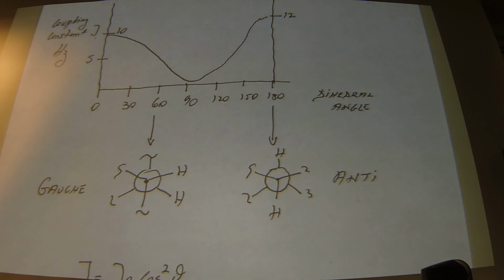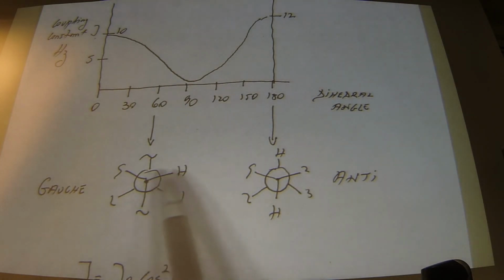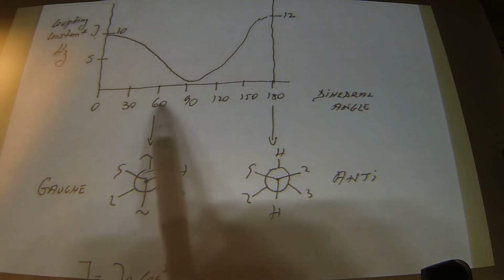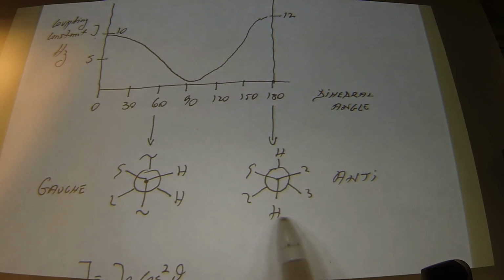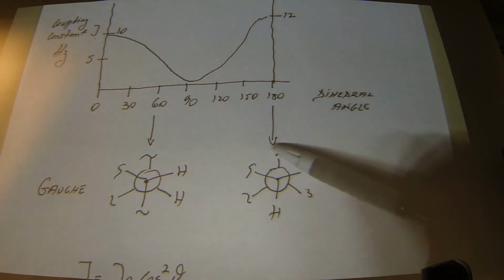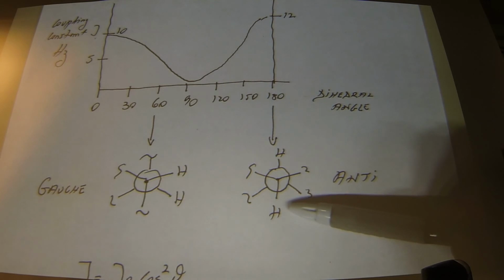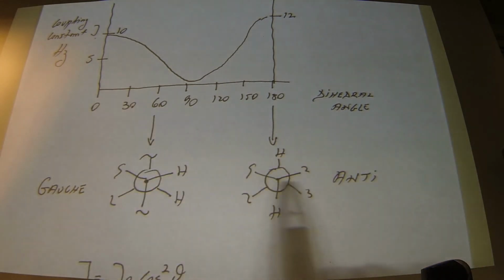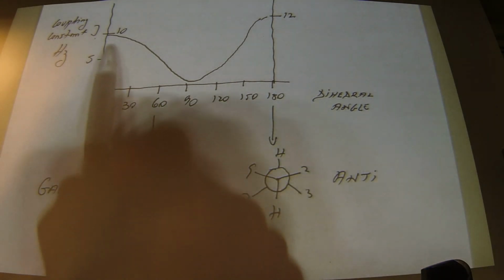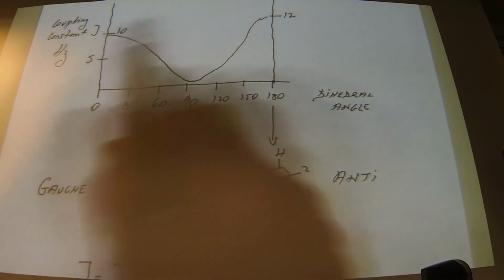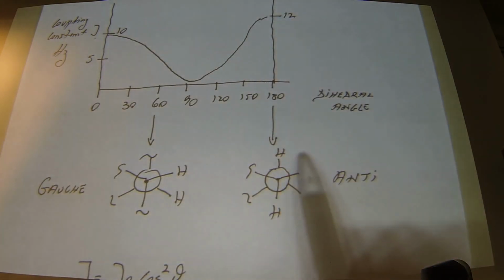So the dihedral angle, in this case 60 degrees, in this case 180, is going to make a difference with respect to the coupling constant. So if you have a dihedral angle of 180, or if they are eclipsed, then you have a big coupling constant, 10 for eclipsed, about 12 for anti.